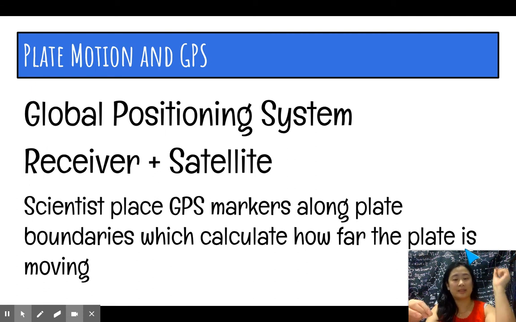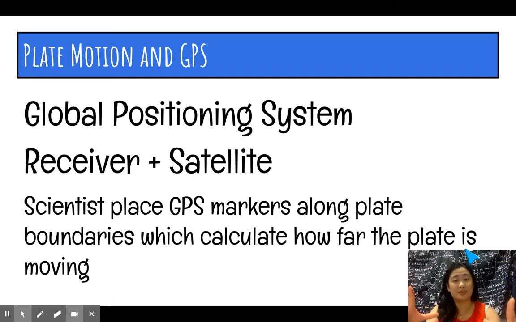Okay, so basically they put them into many different rocks along the plate boundaries on both sides, and they use a satellite to calculate how far the plate has moved in a certain amount of time.